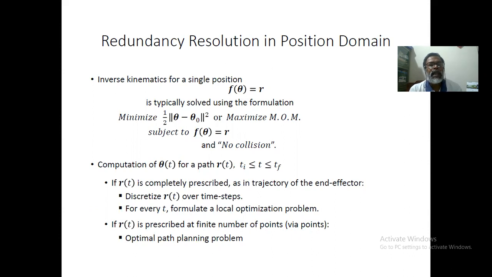Okay. Now it may be the requirement that you need to compute theta t for a complete path, r of t, not for a single position, for t running from initial time to final time. Now it may happen that r of t, that is the full path in the Cartesian space at least, has been completely described.